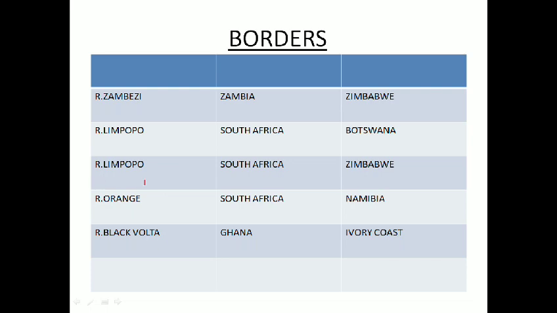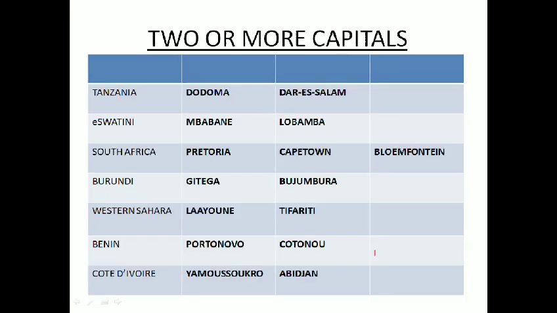River Limpopo also forms a natural boundary between South Africa and Zimbabwe. River Orange forms a natural boundary between South Africa and Namibia. River Black Volta forms a natural boundary between Ghana and Ivory Coast. Okay, these are natural boundaries.